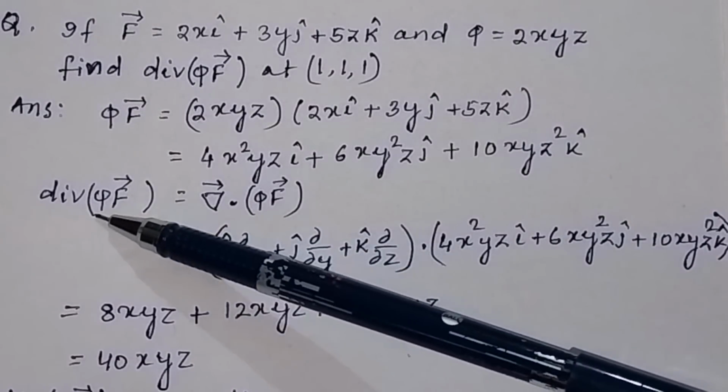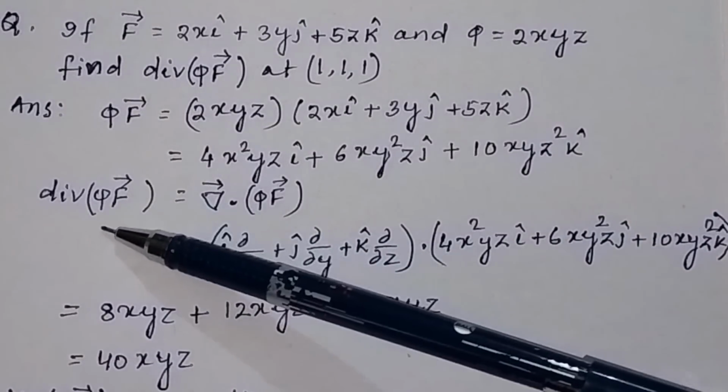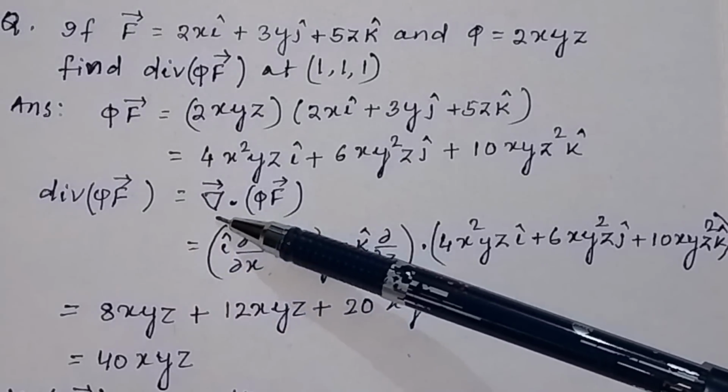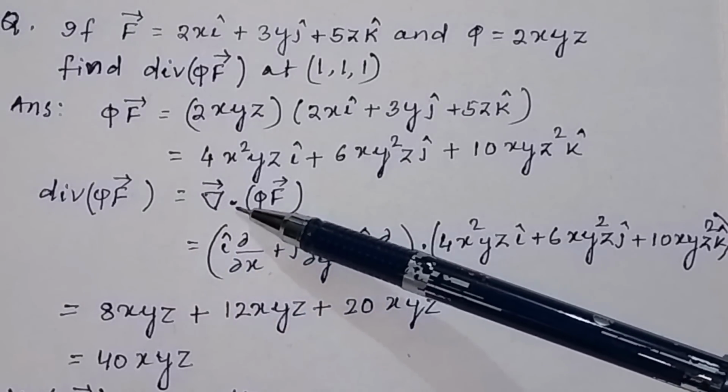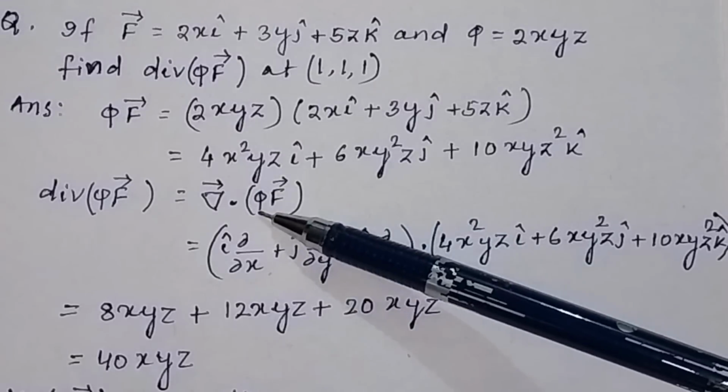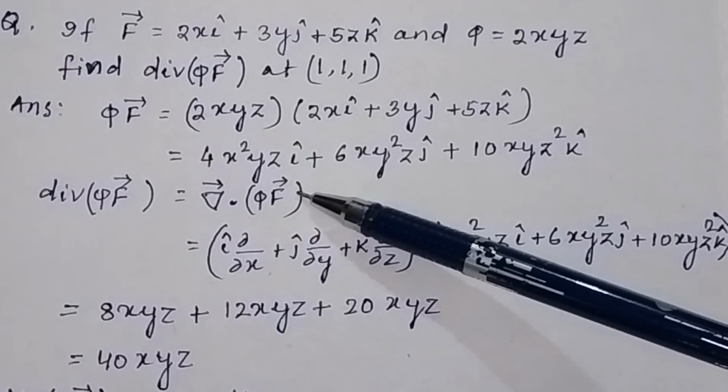And we have to find out the divergence of phi f. Divergence can be represented in terms of the del operator, that is del dot the vector, and here the vector is phi f.